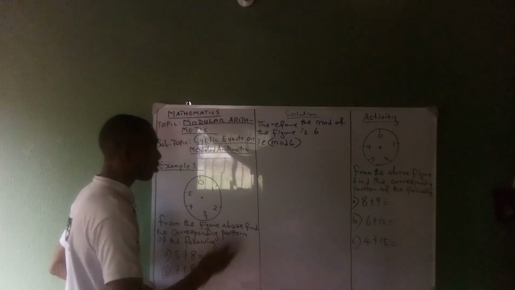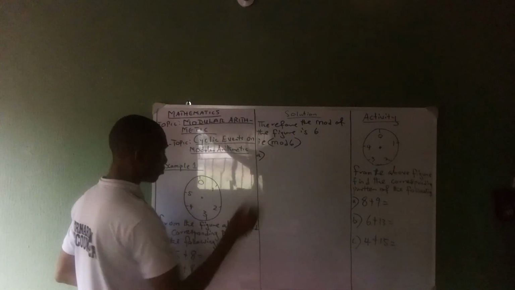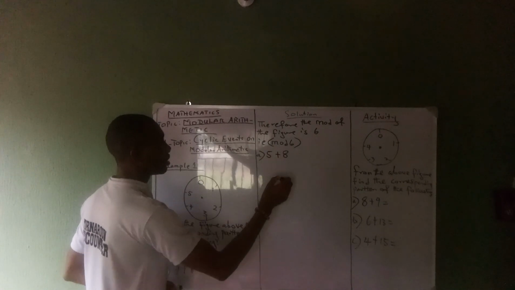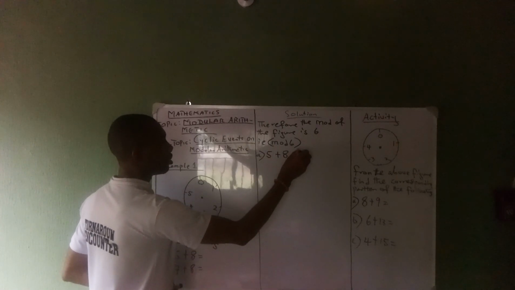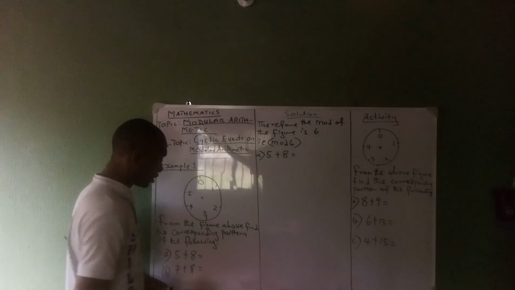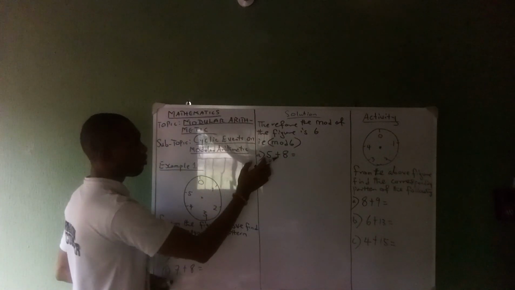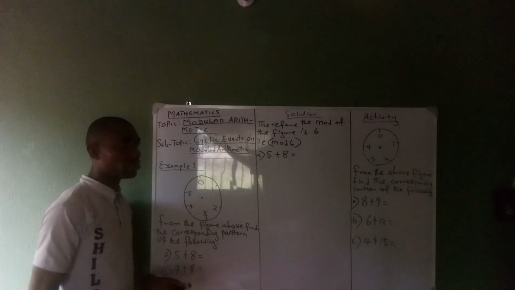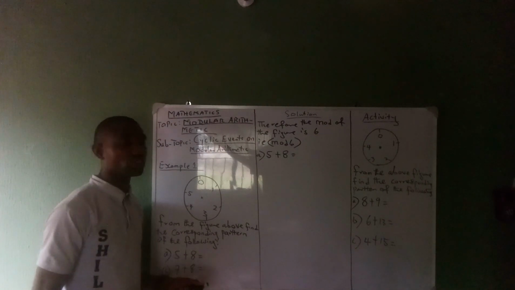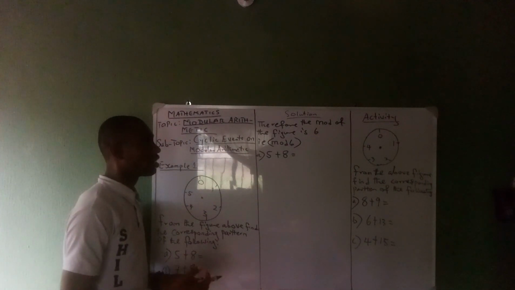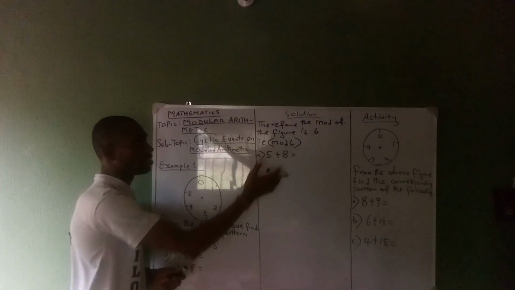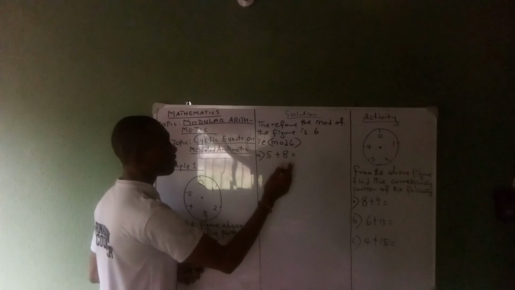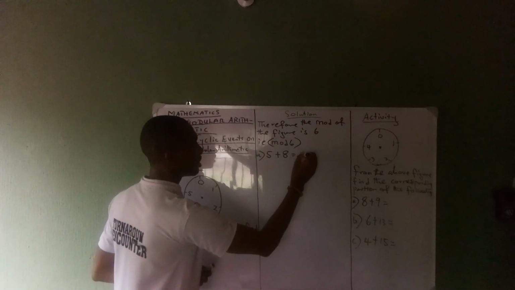So in doing that, we take the A part of it. We say for the A, which is 5 plus 8, equals what? Now, if we say 5 plus 8 with our normal arithmetic, our normal addition, 5 plus 8 will give us 13.